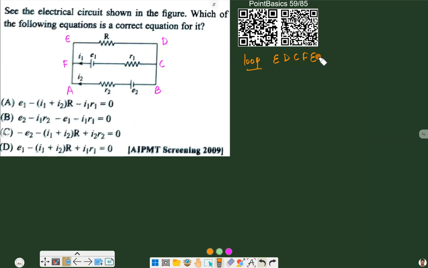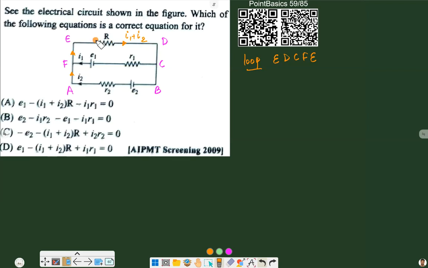Let's write the equation for this loop. And also let's add the current directions. As we can see, I2 is moving like this, and I1 is moving like this. Both of these will move here, and the current in this upper arm will be I1 plus I2. So let's now write the equation for EDCF, the upper loop.